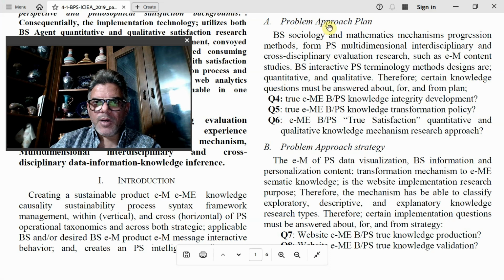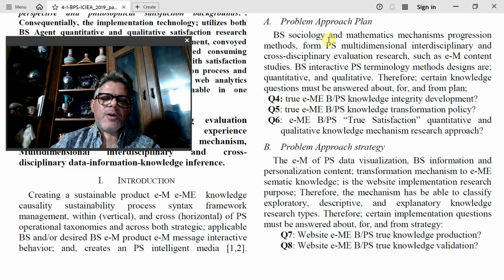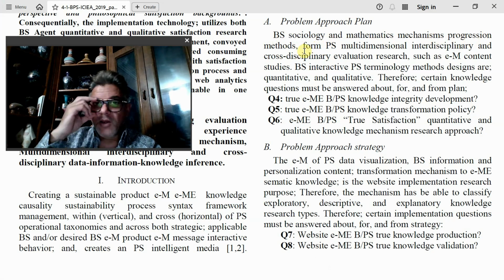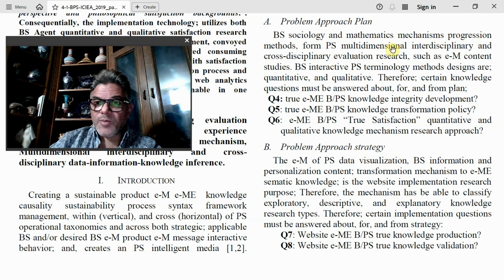So the problem approach plan. The business satisfaction sociology and mathematics mechanisms progression methods, from a business satisfaction multidimensional, interdisciplinary, and cross-disciplinary evaluation research, such as e-marketing content studies, business satisfaction interactive, product satisfaction terminology. Methods designed are quantitative and qualitative.